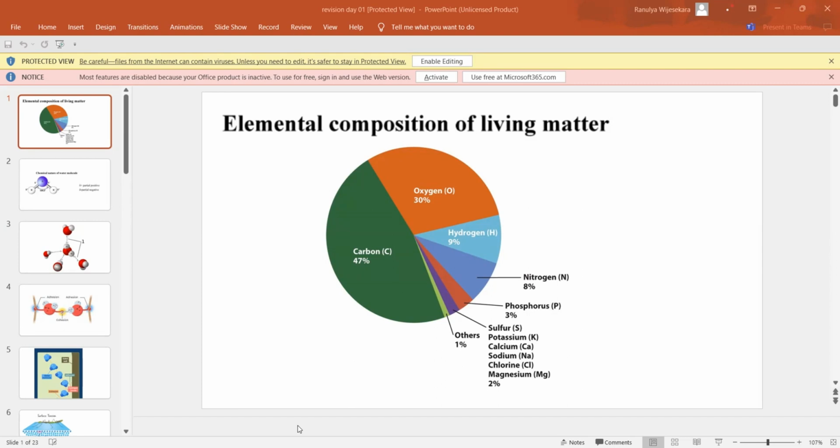The earlier figure of 96% was overall, for all organisms including plants. If we consider humans only, carbon, hydrogen, oxygen, and nitrogen account for 96.3% of body mass. That is the next point.